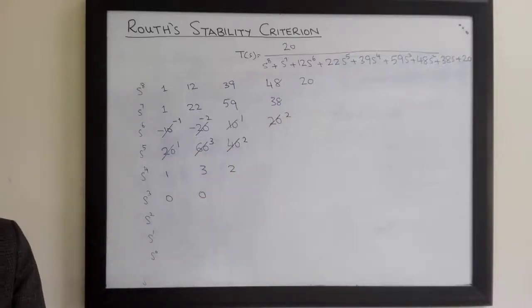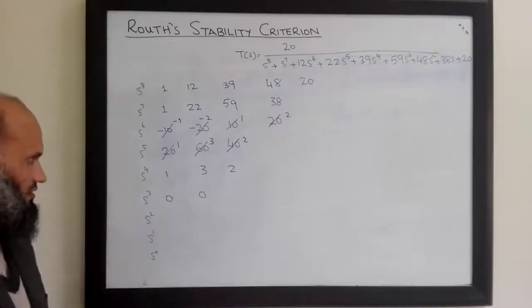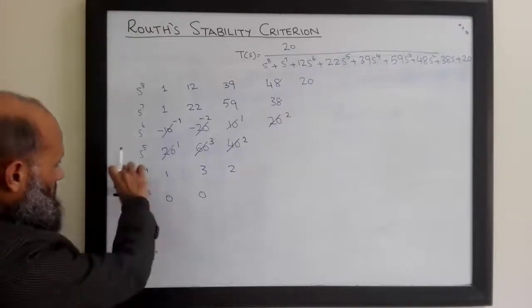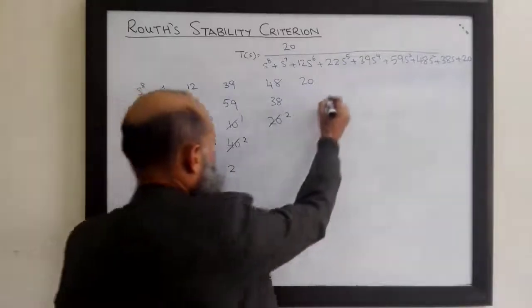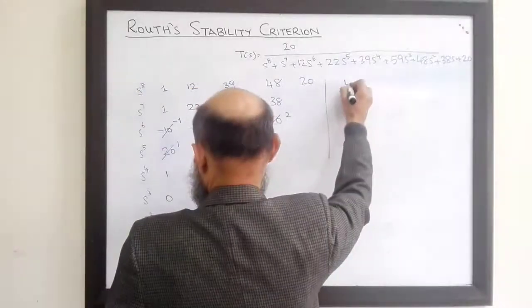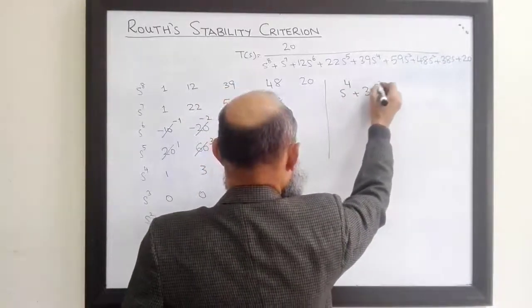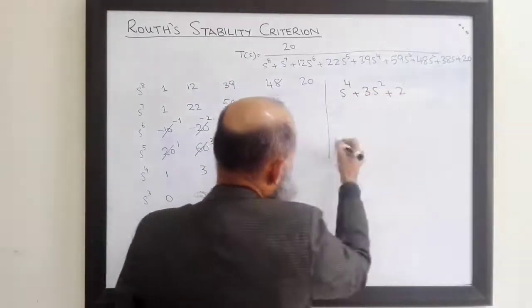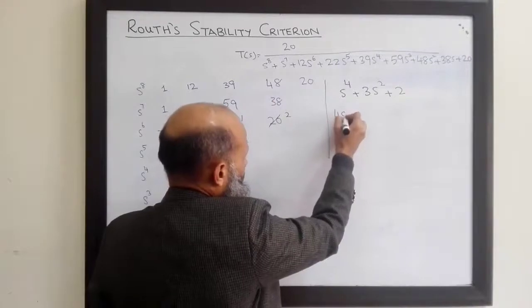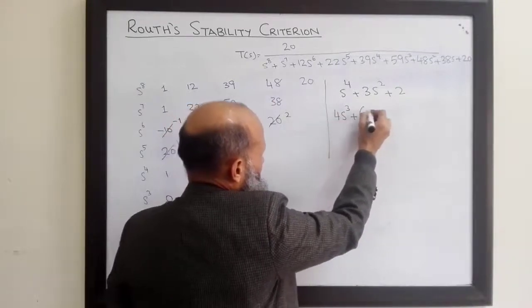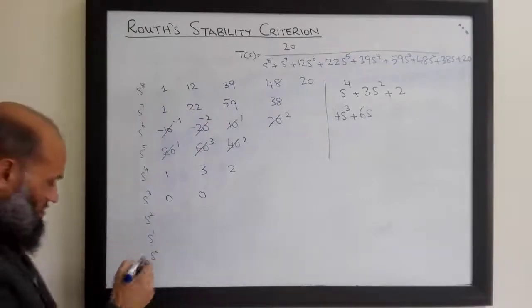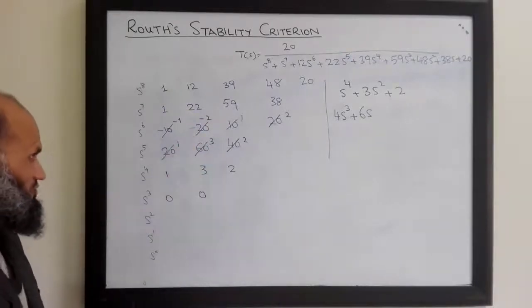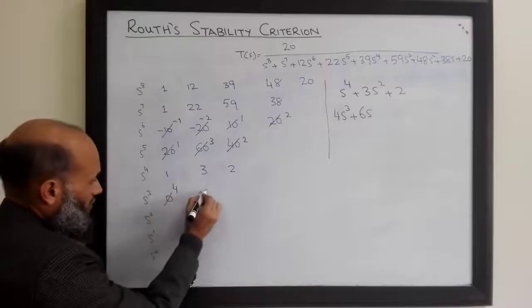Now the entire row is 0, and we have learned the strategy to handle this situation. What we do is we construct a polynomial from this row, s power 4 plus 3s squared plus 2, take its derivative, which is 4s cubed plus 6s, and then replace the 0 coefficients with the coefficients of that polynomial, which are 4 and 6.